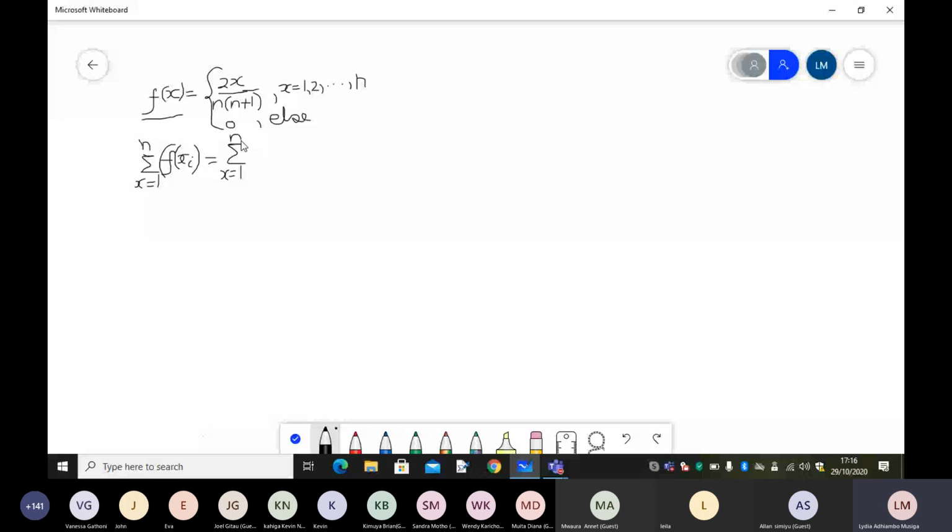And what is f of Xi? It is 2xi over N into N plus 1.